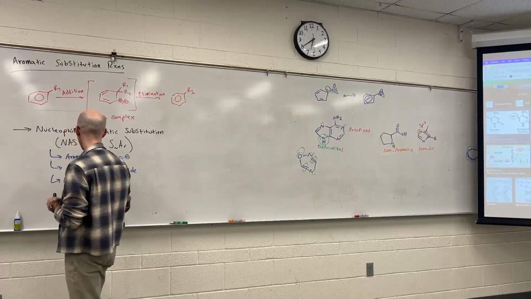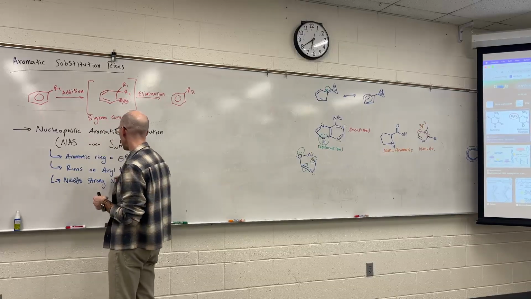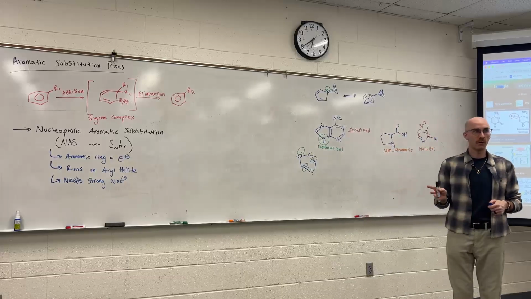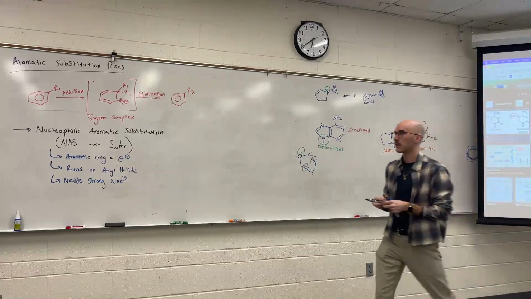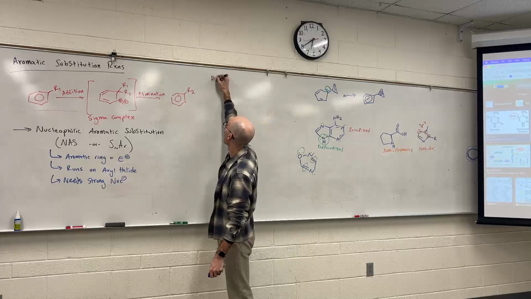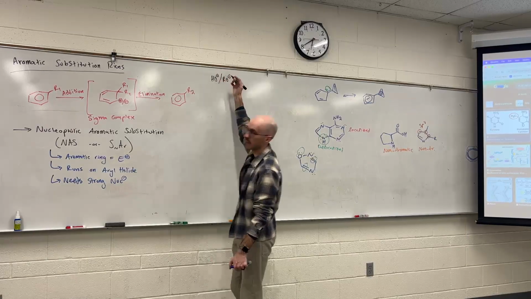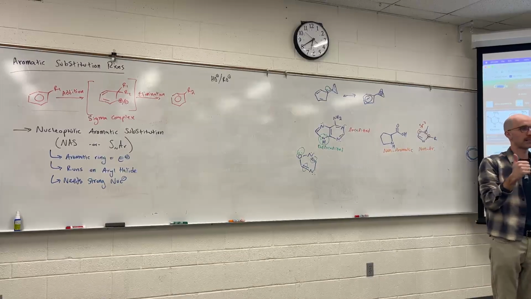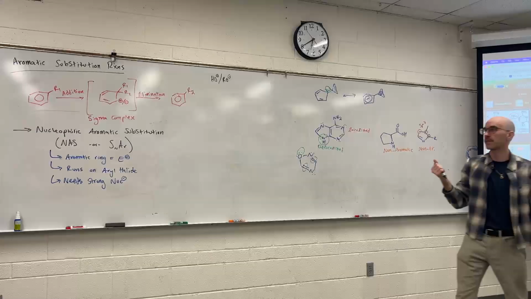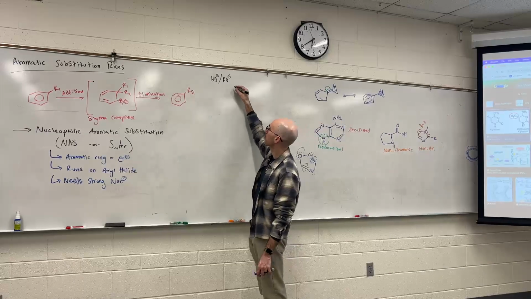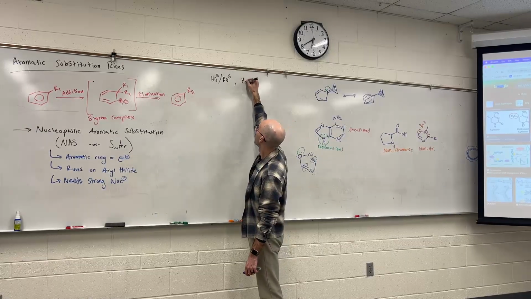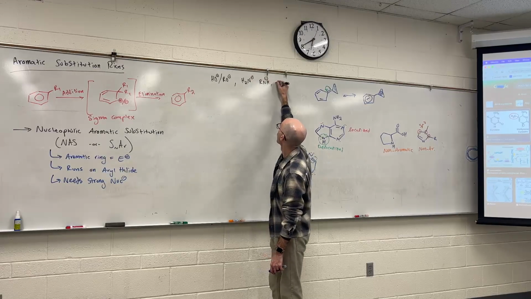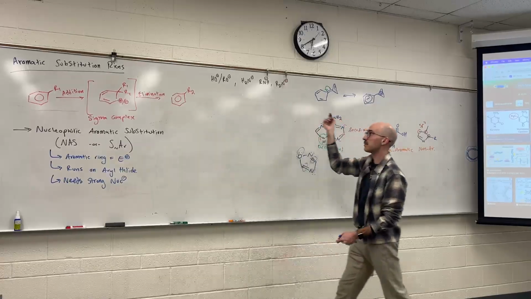In order to do this, though, we need strong nucleophiles. So the nucleophiles that we'll use predominantly are things like hydroxides and alkoxides. Those were strong nucleophiles back when we did reactions with SN1 and SN2. They're still strong nucleophiles. We'll see similar things with nitrogen groups. Nitrogens can be a little bit more diverse.